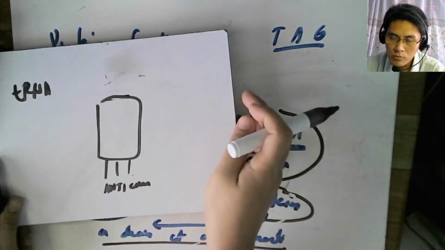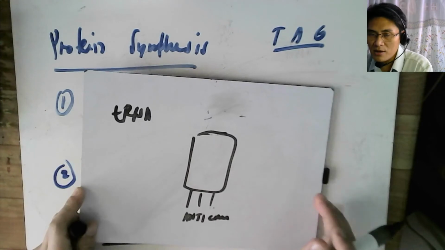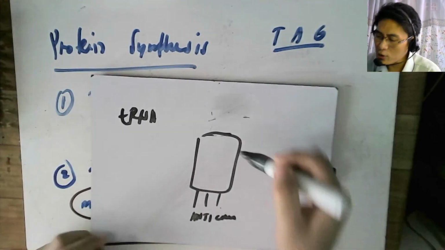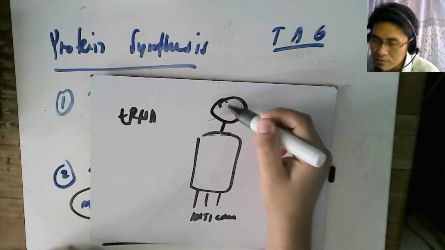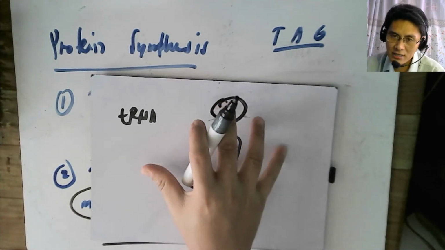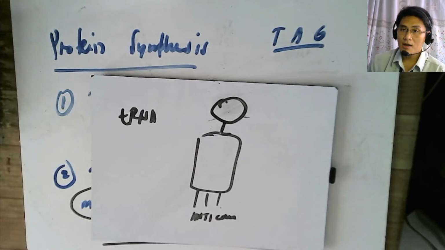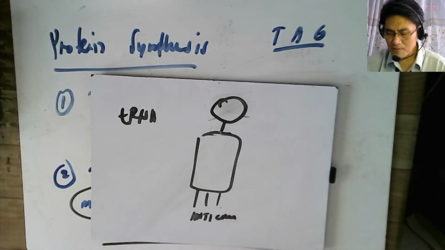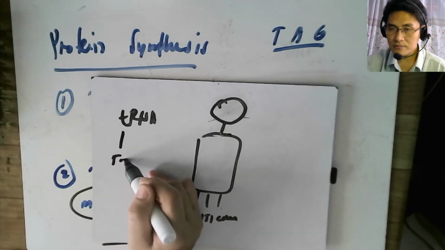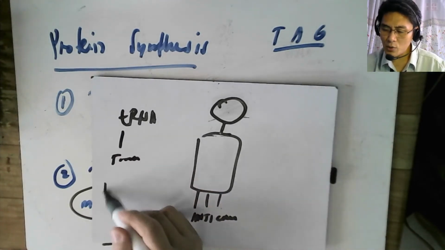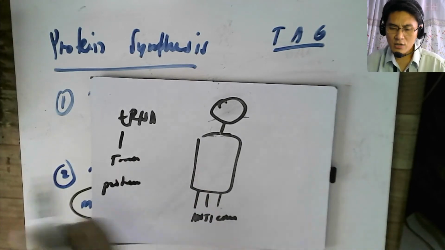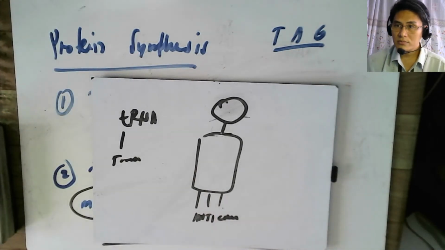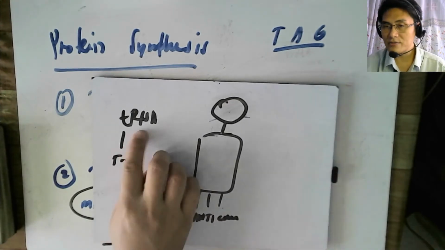It will go back to the cytoplasm, find another tryptophan that is floating around in the cells, connect with the tryptophan again, and then wait again until it's called by the ribosome. So therefore, its job is really to transfer the amino acid from the cytoplasm to the ribosome. Get it? That's why it's called transfer RNA.